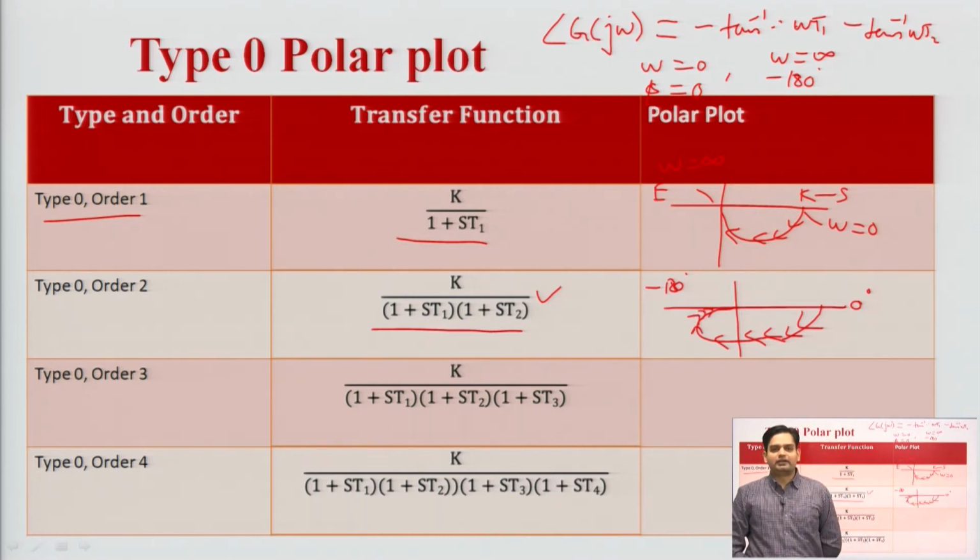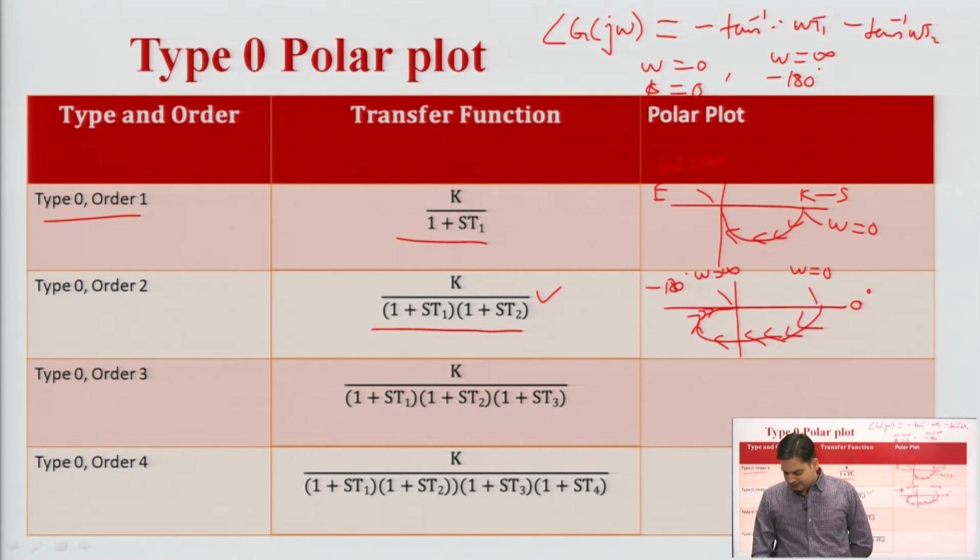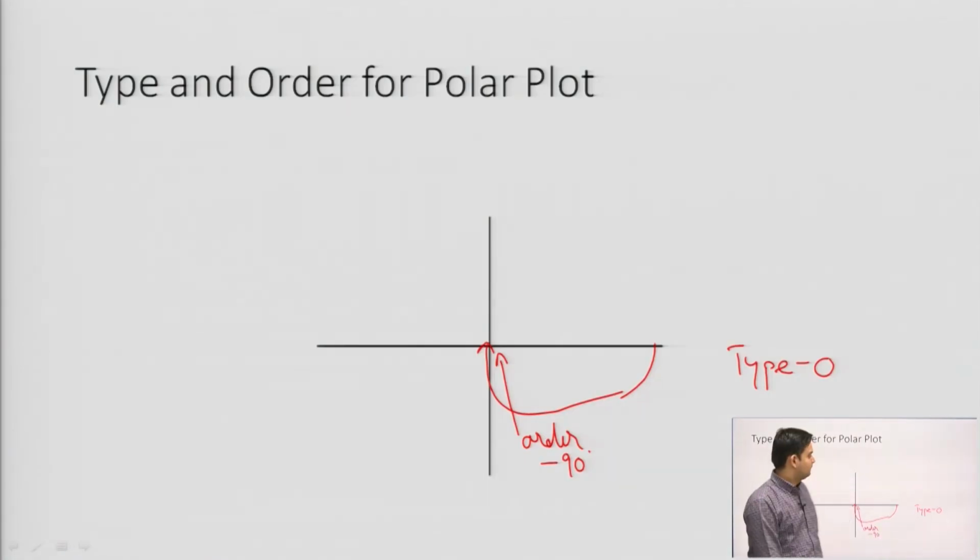Here my omega would be 0 and here my omega would be infinity. So, if I am going for order 2, this would be my termination of the polar plot.